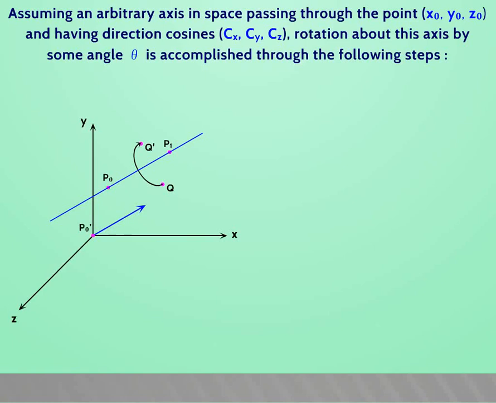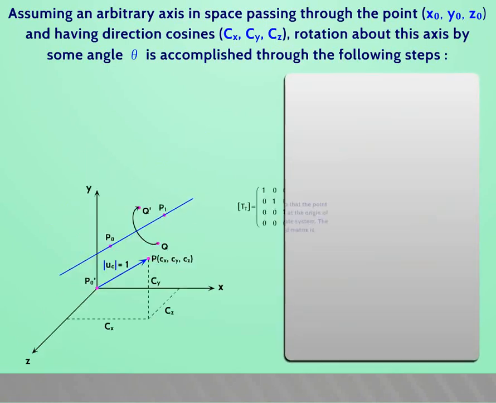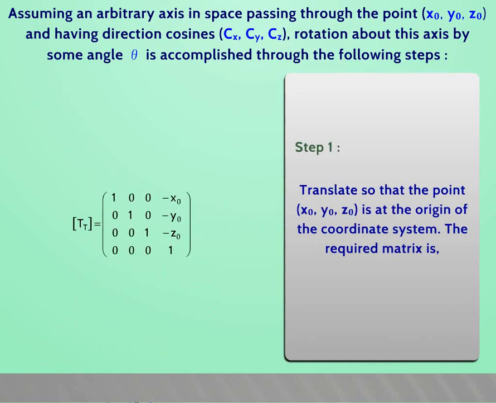Assuming an arbitrary axis in space passing through the point x0, y0, z0 and having direction cosines cx, cy, cz, rotation about this axis by some angle theta is accomplished through the following steps. Step 1.